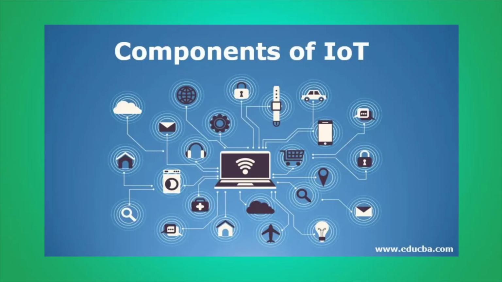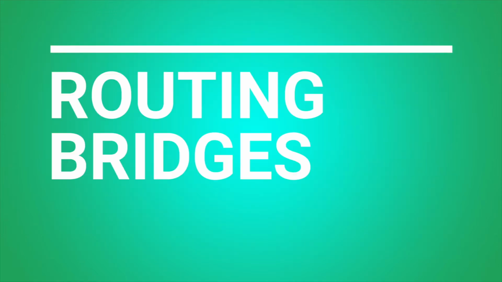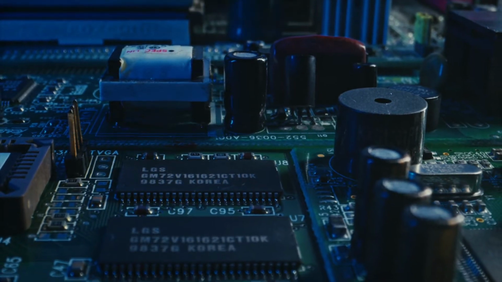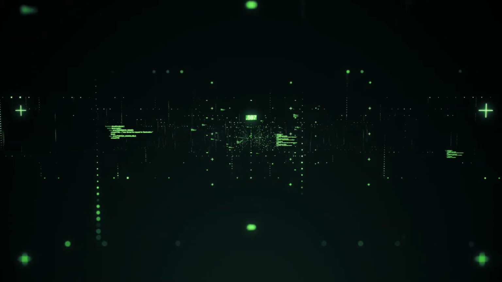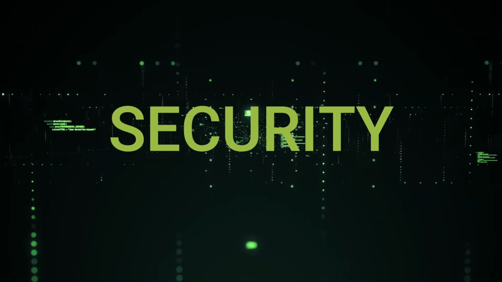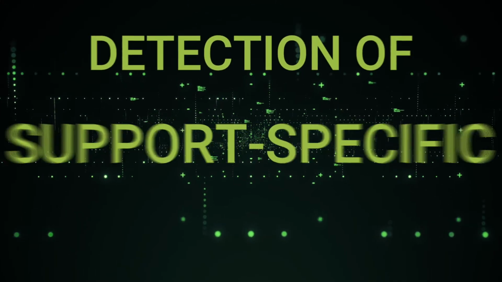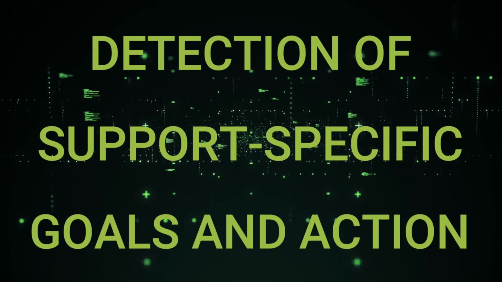IoT hardware includes a wide range of devices such as devices for routing, bridges, sensors, etc. These IoT devices manage key tasks and functions such as system activation, security, action specifications, communication, and detection of support-specific goals and actions.